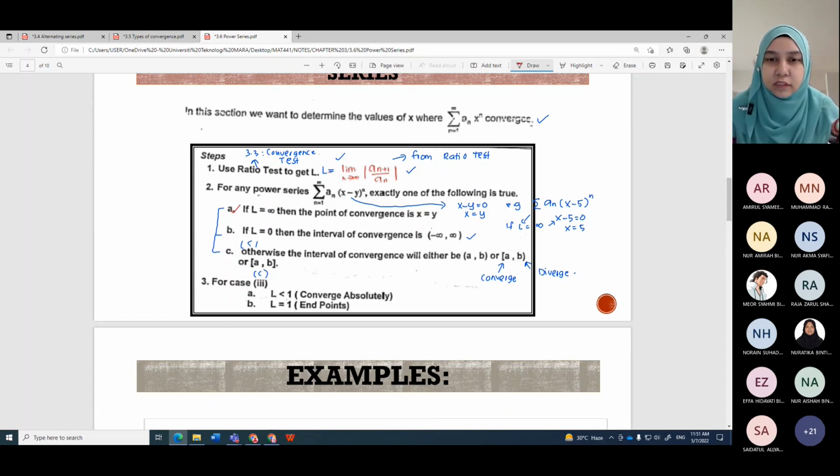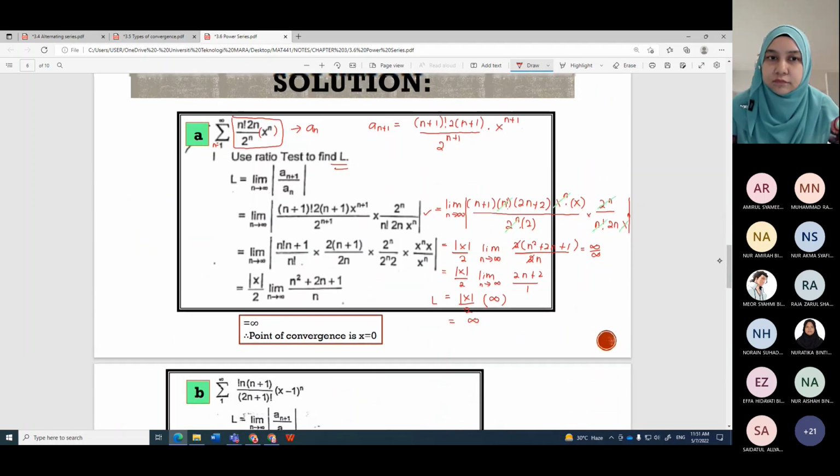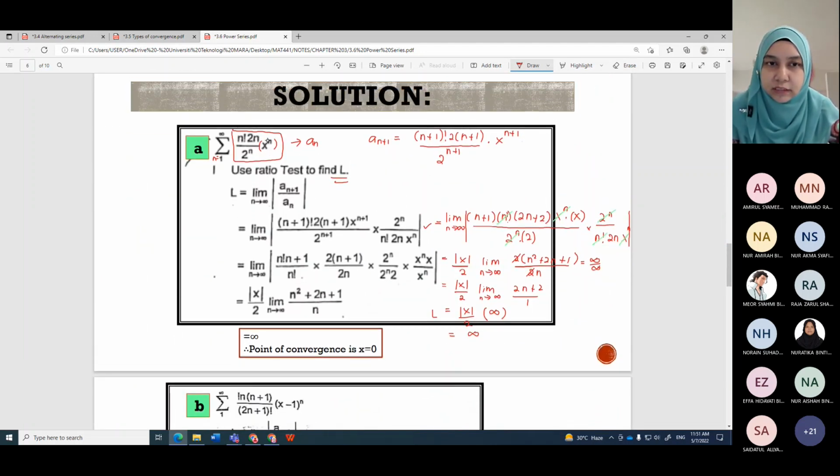A. X is equal to 0. Daripada sini, so x 0 lah kan. Therefore x is equal to 0. Point of convergence.